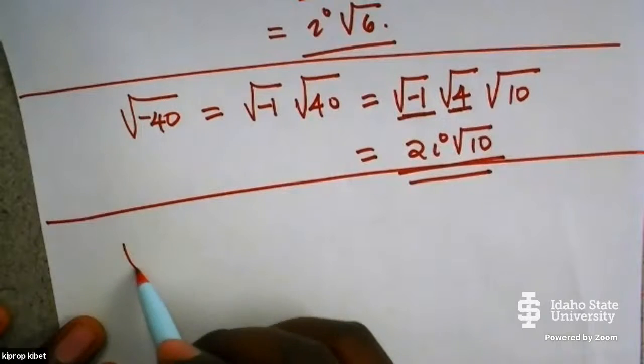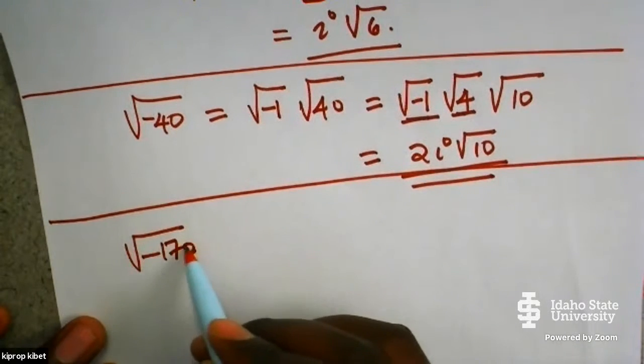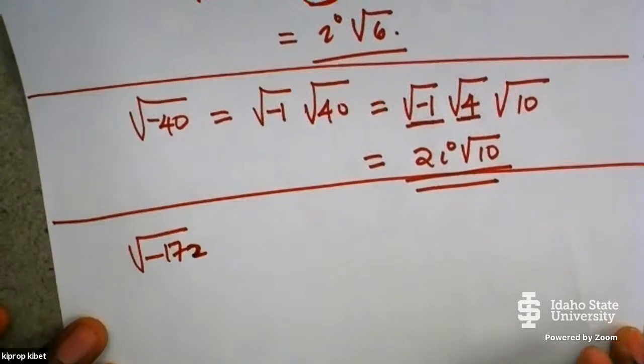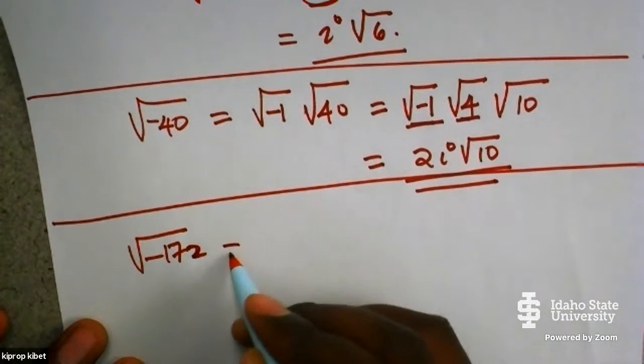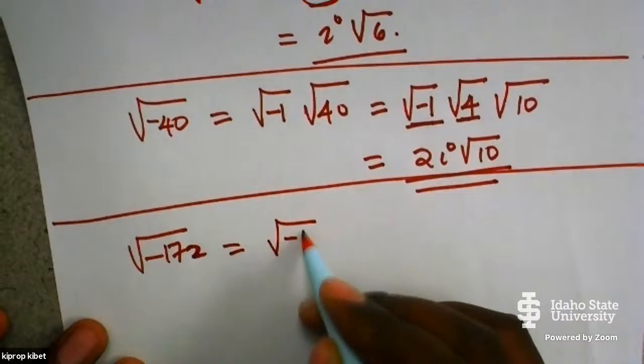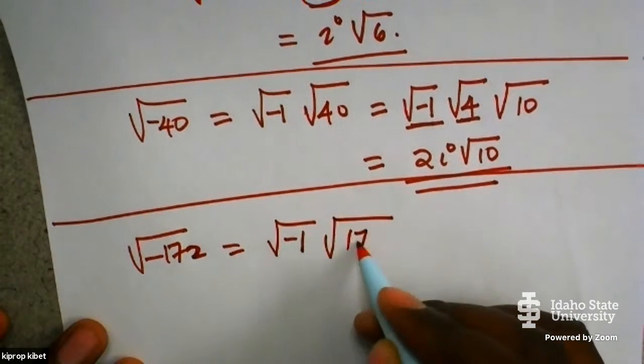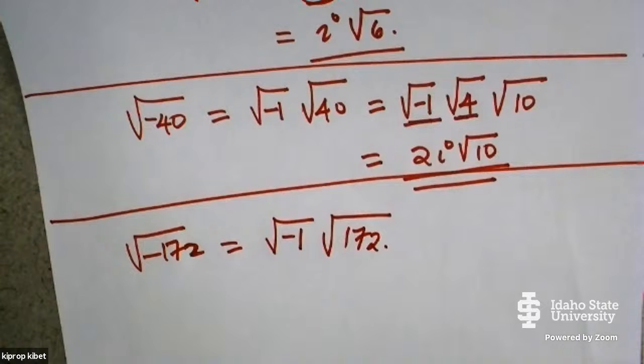Another example, if you have the square root of, let's say, -172. The square root of -172 is similar to the square root of -1 times the square root of 172. When you divide by 2, you get 86, right?